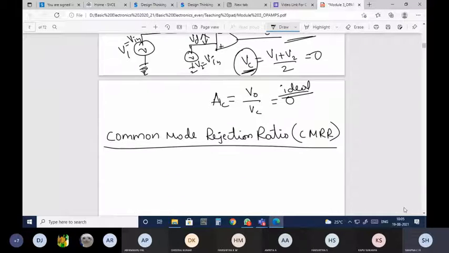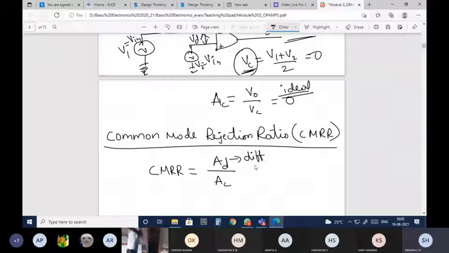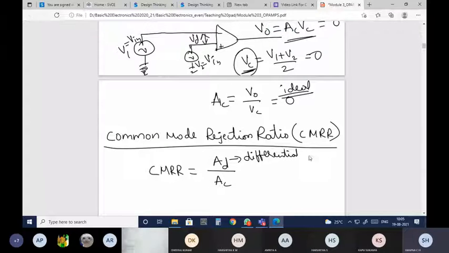So common mode rejection ratio tells us how efficiently the OPAMP is able to reject the common mode signals, and it is defined as the ratio of the differential gain divided by the common mode gain. AD is nothing but the differential gain, which we have seen before, the first parameter, and AC is nothing but the common mode gain.